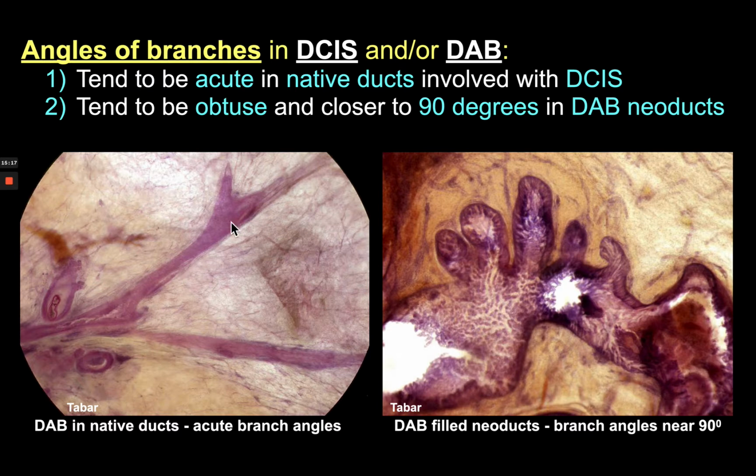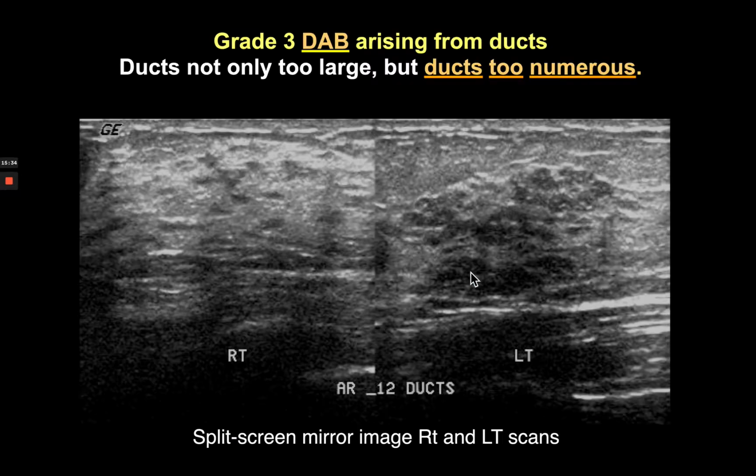What we're seeing here on the left is DCIS involving native ducts. On the right, we're showing neoducts. Here what we're seeing is that these neoducts are too numerous, and they're all coming off at near 90-degree angles.